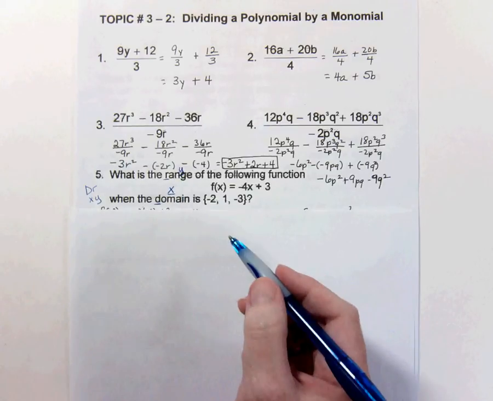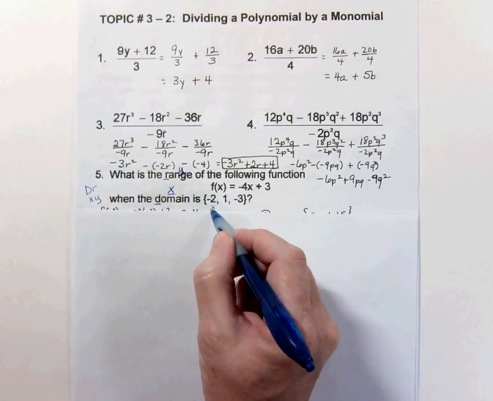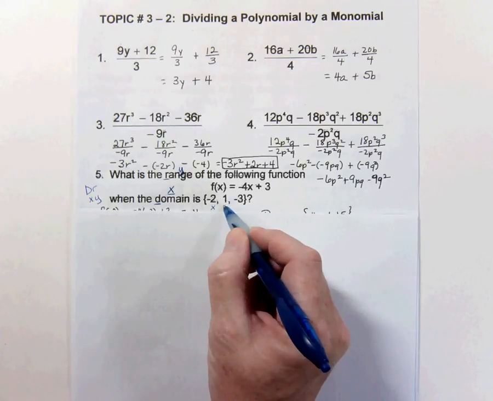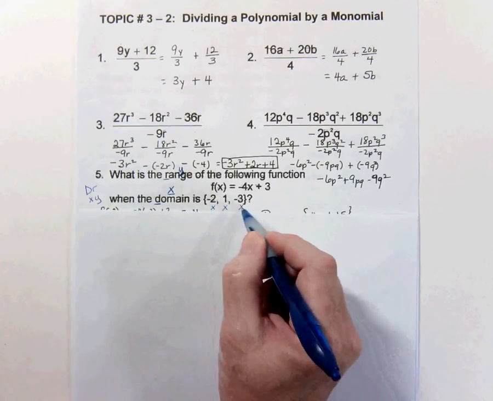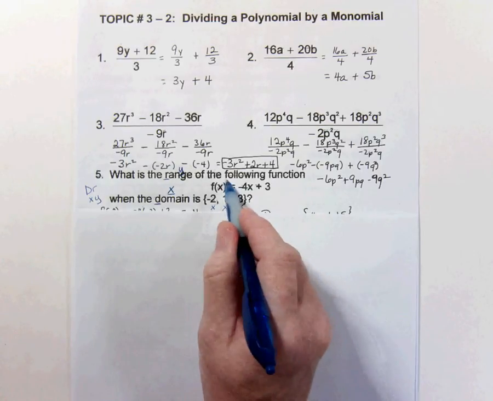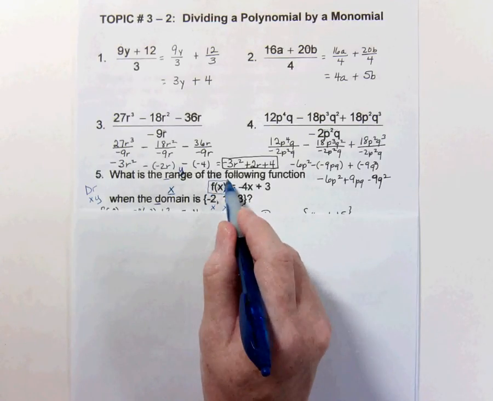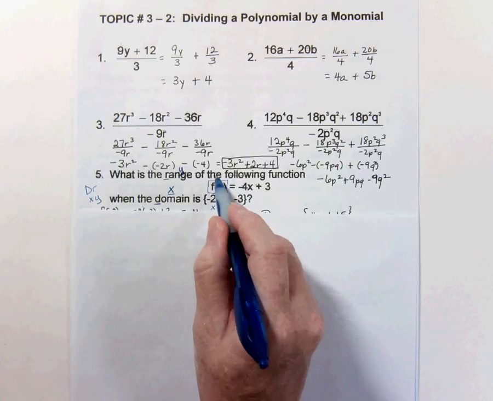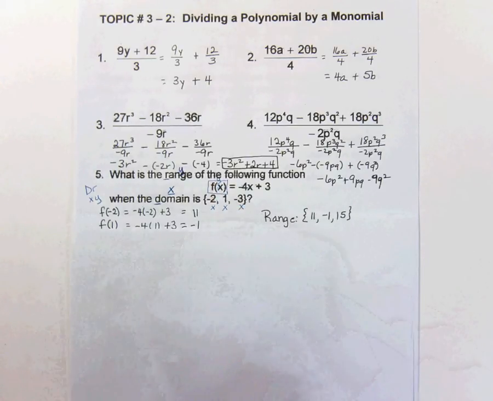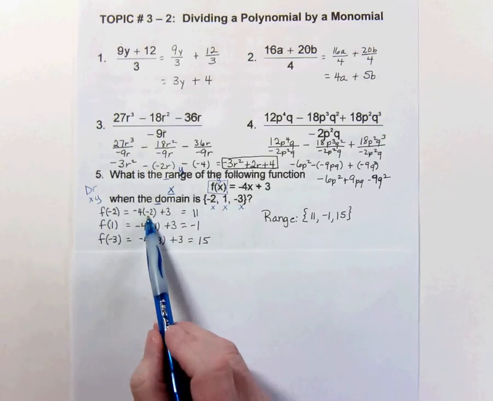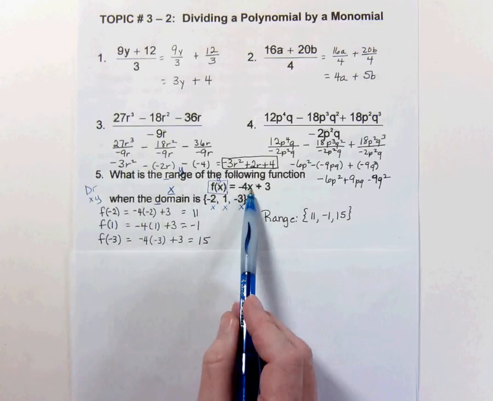So what they're asking you here is to put a negative 2 for your x, put in a 1 for your x, and put in a negative 3 for your x. These are my domain values, and remembering that f of x means the same thing as y equals. Kind of squeeze a little y up there. So all they did was they put in a negative 2 where they saw this x.